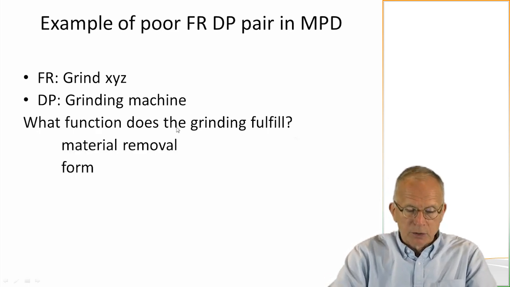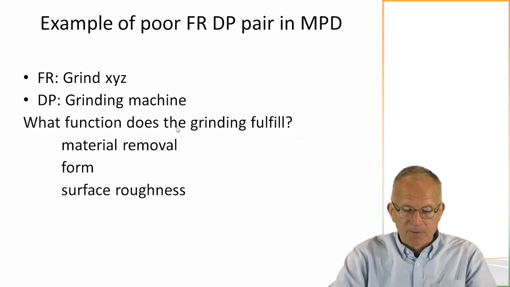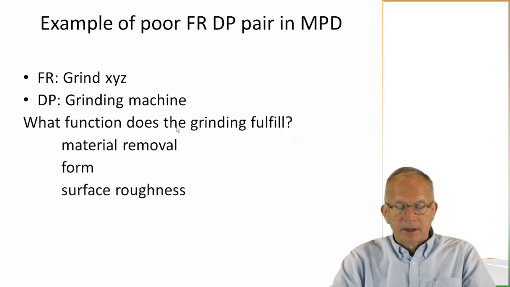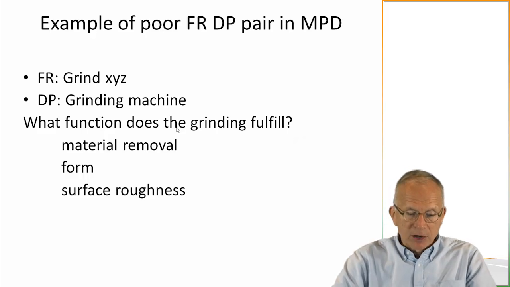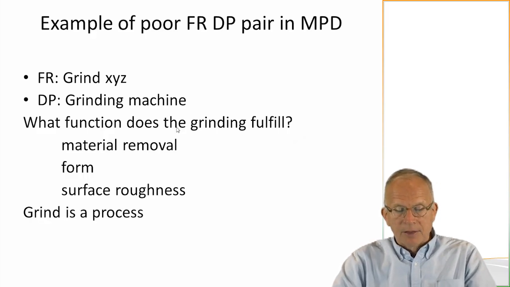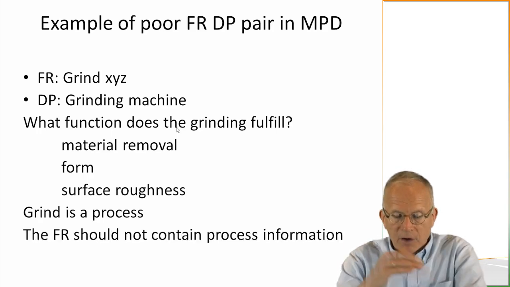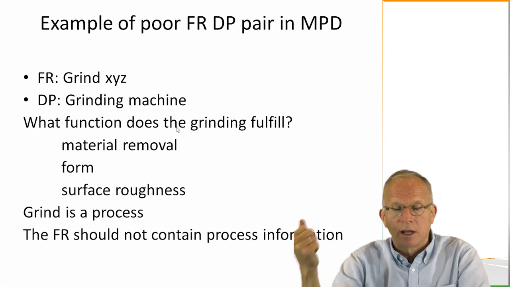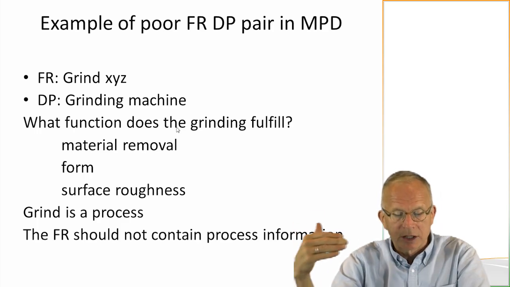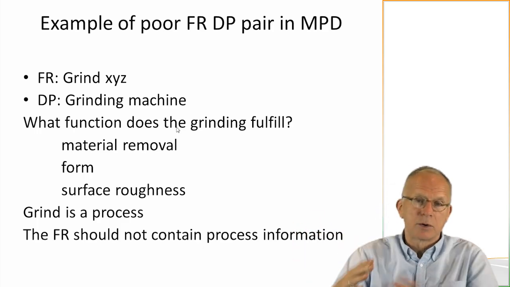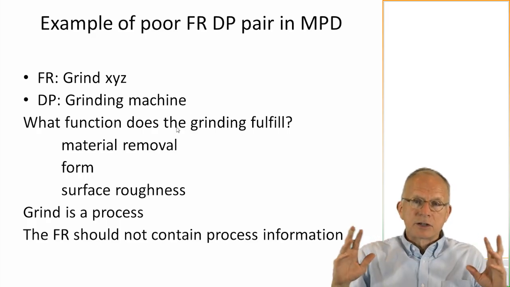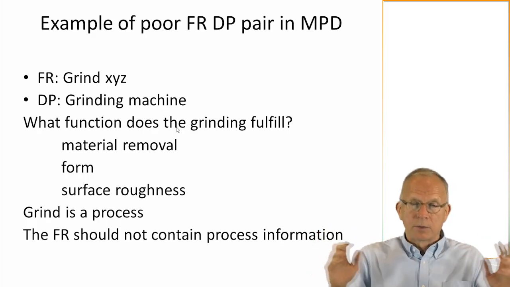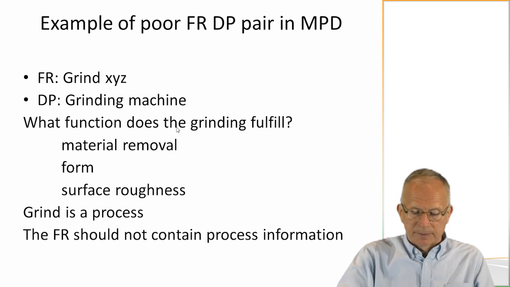It might be material removal, or to supply some form, or some surface roughness. So we want to think about the function for the FR. And then the grinding is a process. The FR should not contain process information, just as in manufacturing process development it should not contain physical information. The idea is to leave a large design space open in which to find the best design solution.